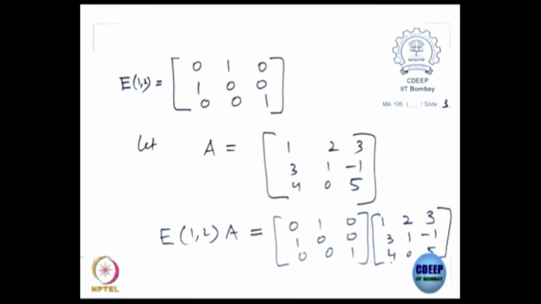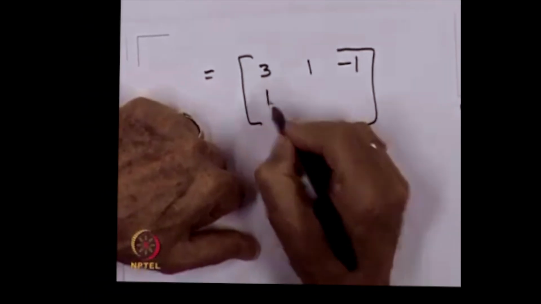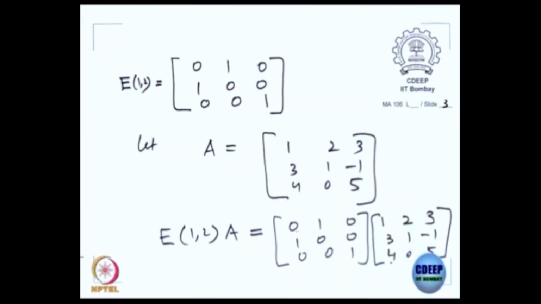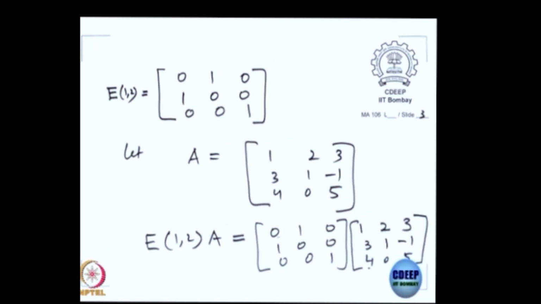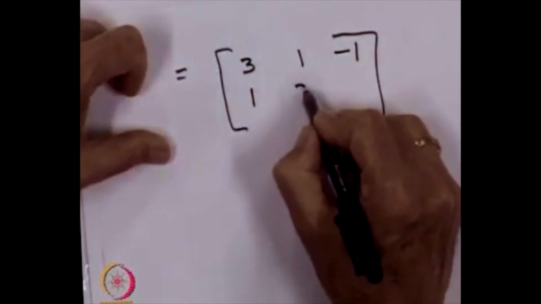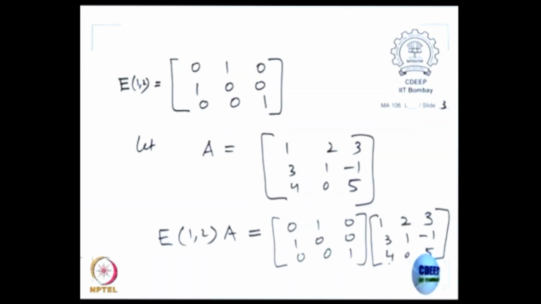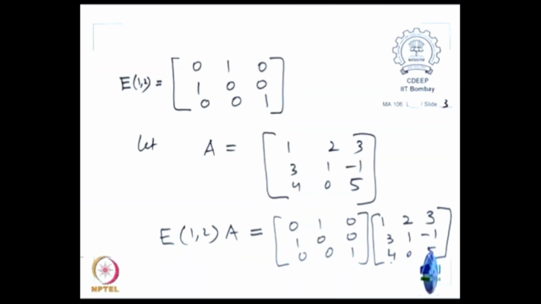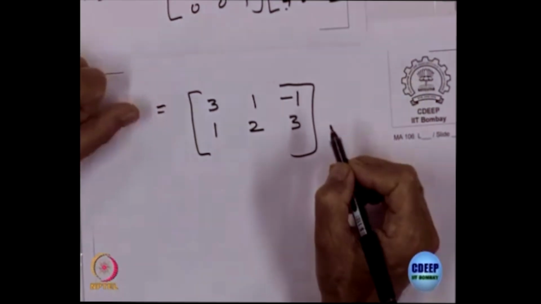Let us do the next row. 1 0 0 multiplied by the first column: 1 times 1 is 1, 0 times 3, 0 times 4, so that gives me 1. Next, with the second column, 1 multiplied by 2 is 2, the others are 0, so that is 2. And the next, 1 multiplied by 3, both others are 0, so that is 3.